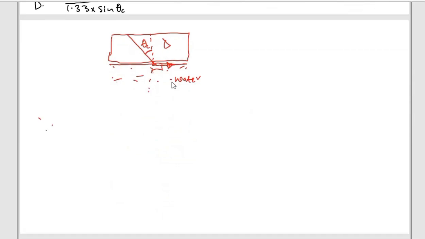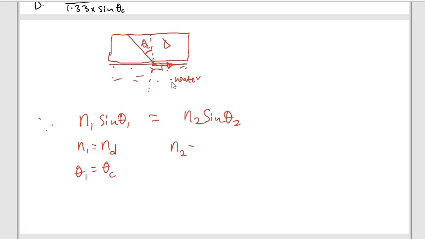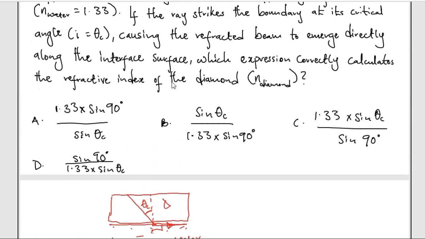So therefore, once again, we have N1 sine theta 1 is equal to N2 sine theta 2. My N1 is the refractive index of diamond, and my theta 1 this time becomes my critical angle, which is theta C. Then my N2 is the refractive index of water, N water, and they have already given us the refractive index of water to be 1.33.